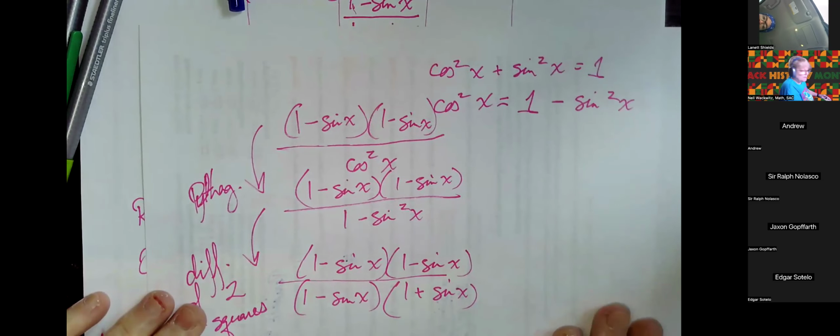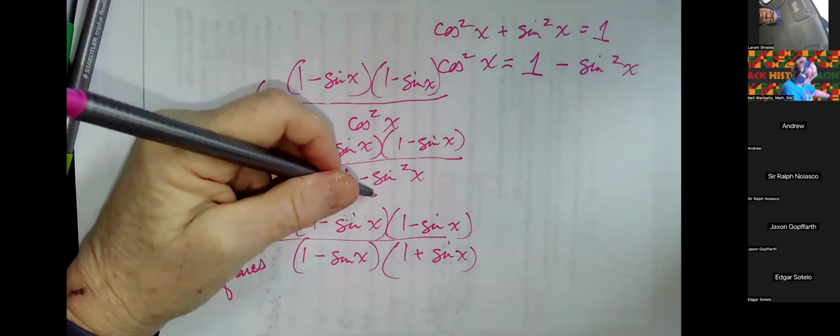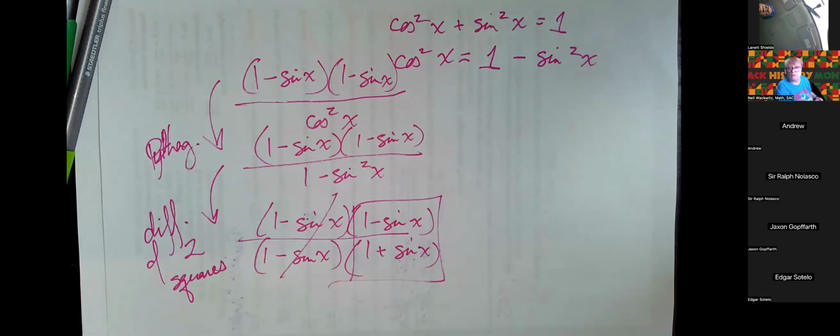And what happy thing do we notice now? We can cancel out one of the 1 minus sine x's. Excellent. And what are we left with? 1 minus sine x over 1 plus sine x. Yay, that was the goal.